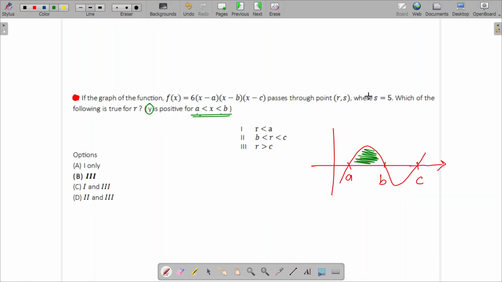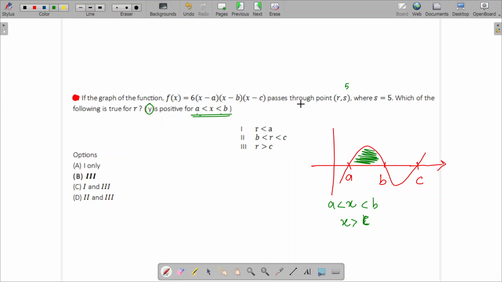Now check out the coordinates. S is positive, so r will also be positive, right? So now could you find out where y is positive? Y is positive for x greater than a, less than b. We can also say y is positive when x is greater than c.